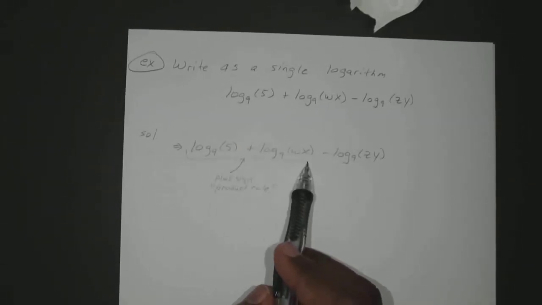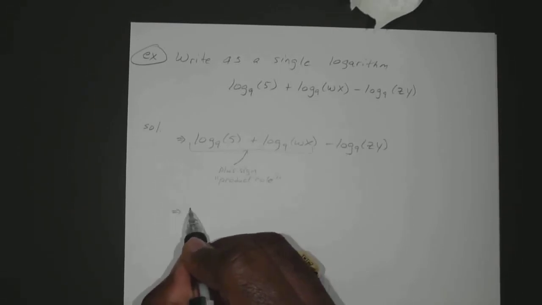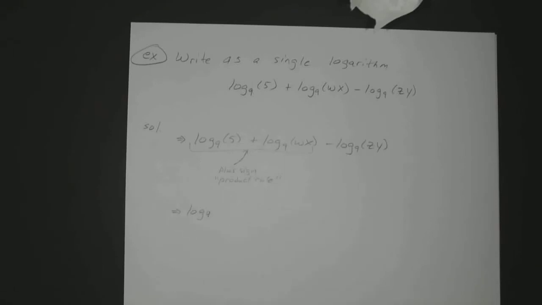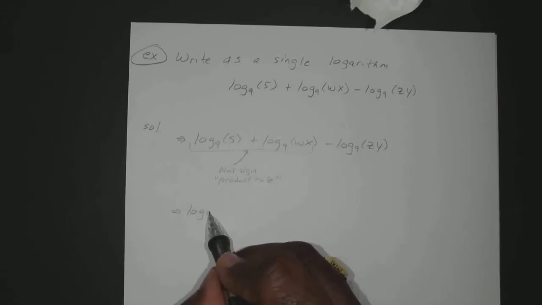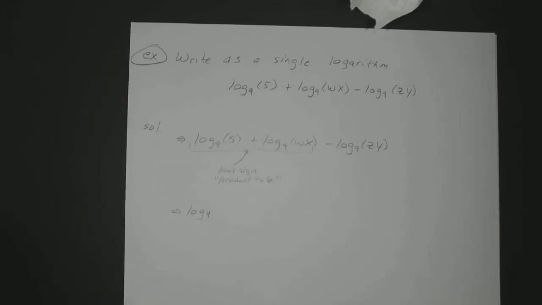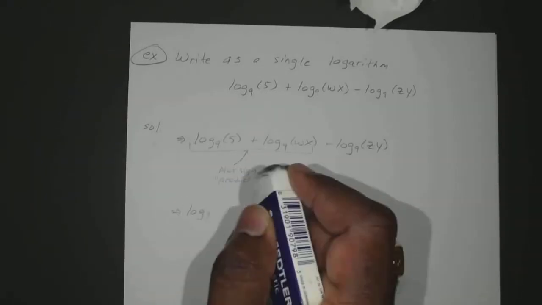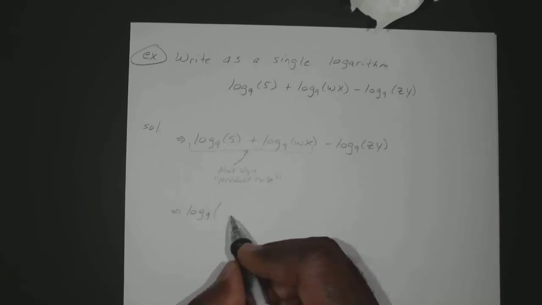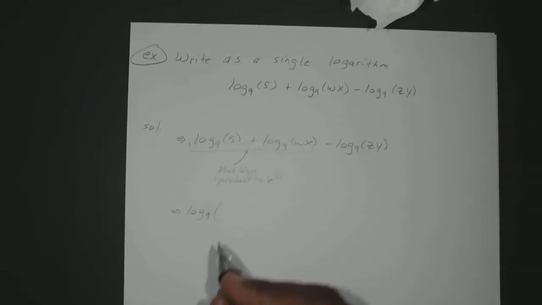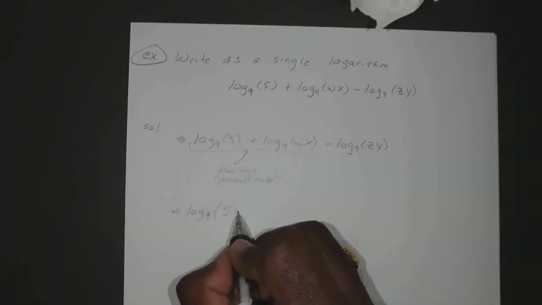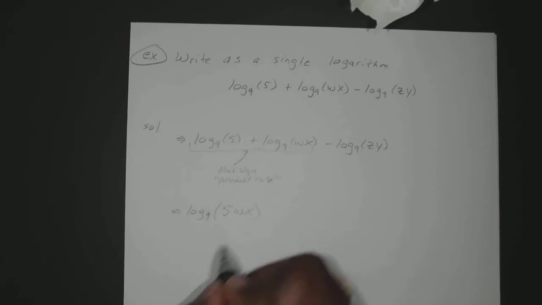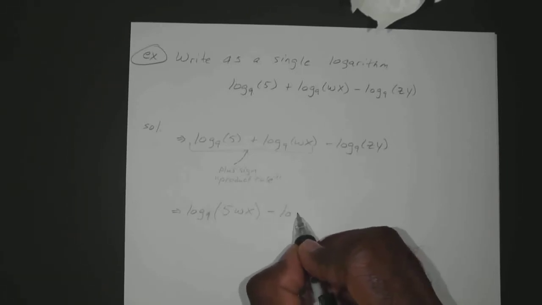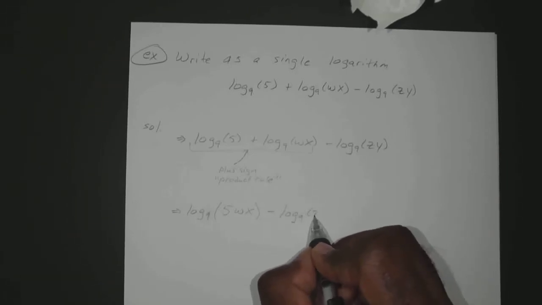So these two terms become log base 9 of 5 times w times x. And we still have our minus log base 9 of z times y.